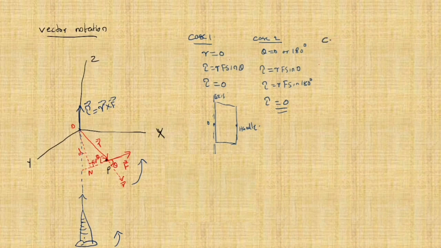Now let's discuss case 3. When theta is equal to 90 degrees, that means the force vector and the position vector are acting exactly perpendicular to each other. We can say here tau is equal to rF sine 90, that is tau is equal to rF, and this is the point where we get maximum torque.